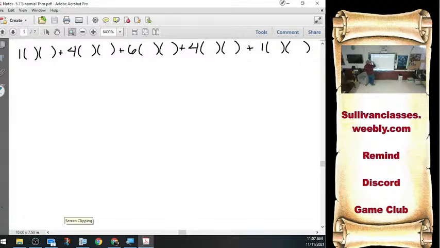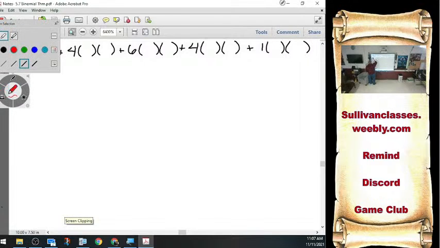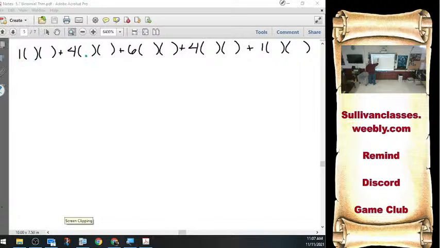So then we'll plug in 2x descending, 2x to the fourth, 2x to the third, 2x to the second, 2x to the first, 2x to the 0.